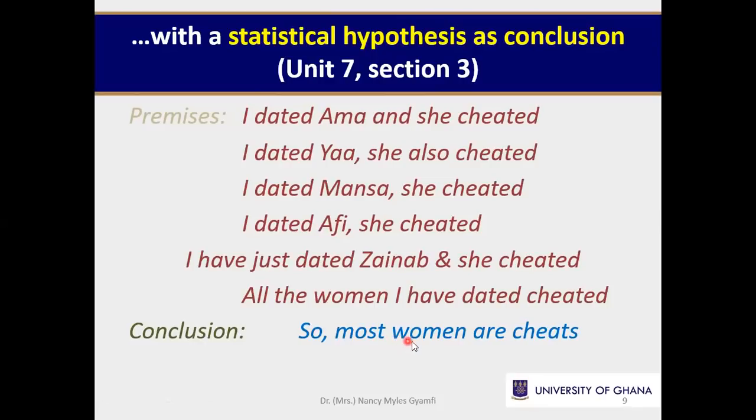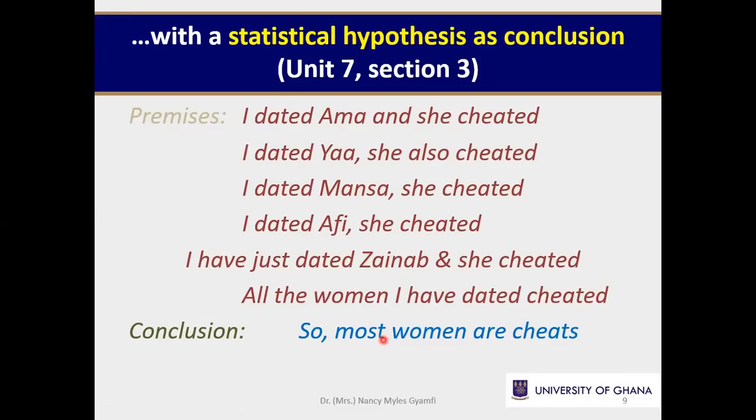Okay? So most women are cheats. It's a statistical generalization, and that is likely to be true, given this evidence, than the one that said all women are cheats. So in terms of probability of truth, statistical hypothesis will be higher in terms of what?